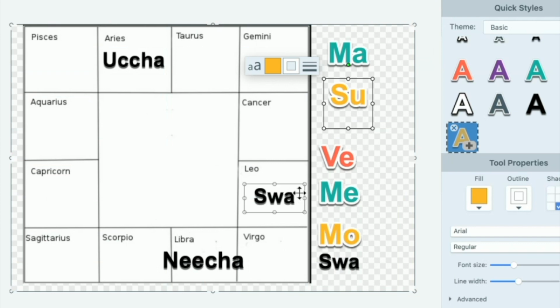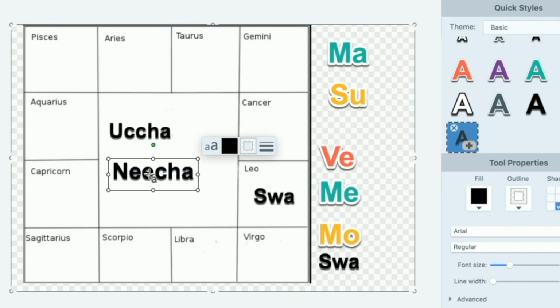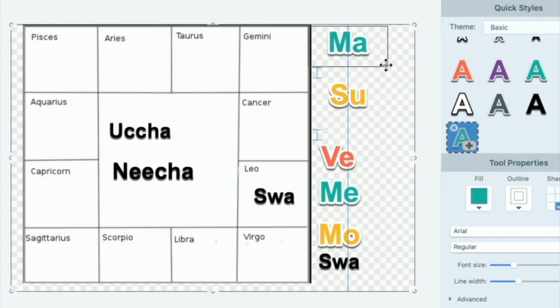Let's go to the next one, Jupiter. Here, let me just add Jupiter here.